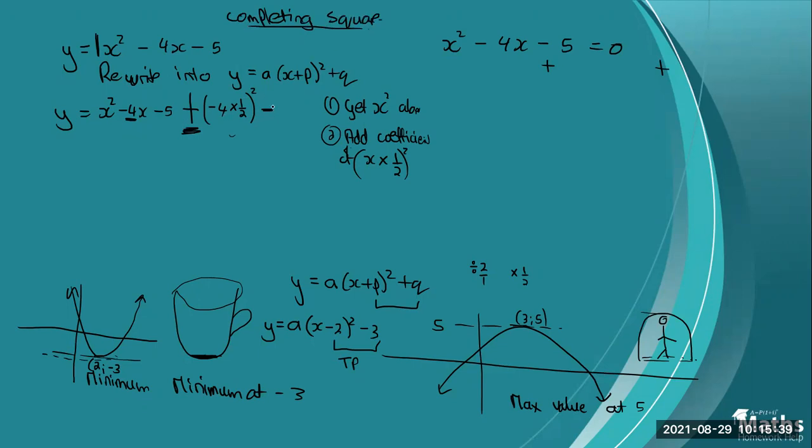So what you add, you must subtract again. So I'm just going to simplify this. This was negative 4 divided by 2 is negative 2 squared. The third step is when we're going to write it as a bracket squared.